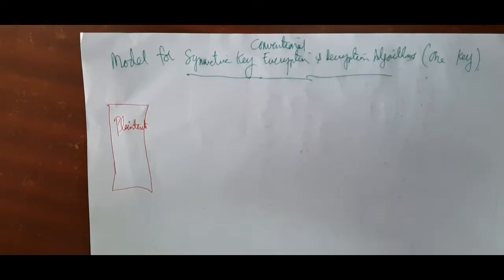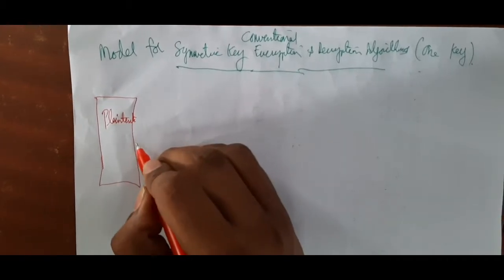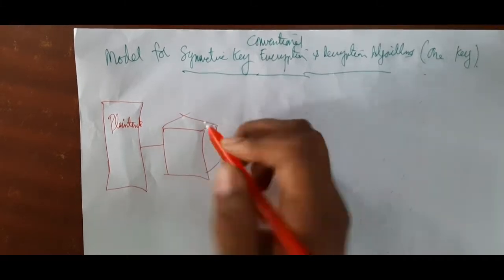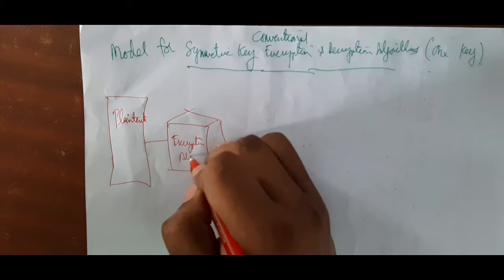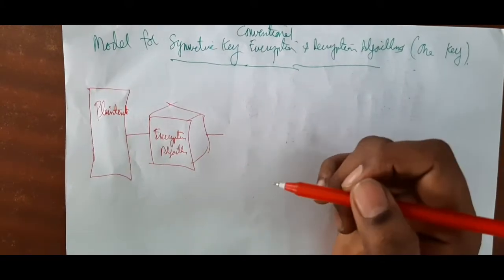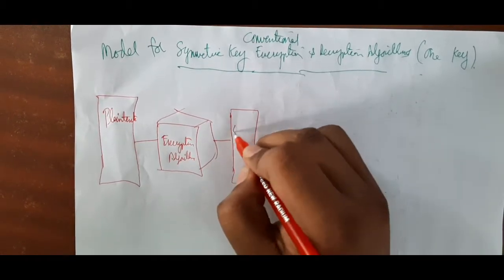Plain text is an intelligible form which humans can read, and this plain text is given to an encryption algorithm, which reads the plain text and converts it to ciphertext.